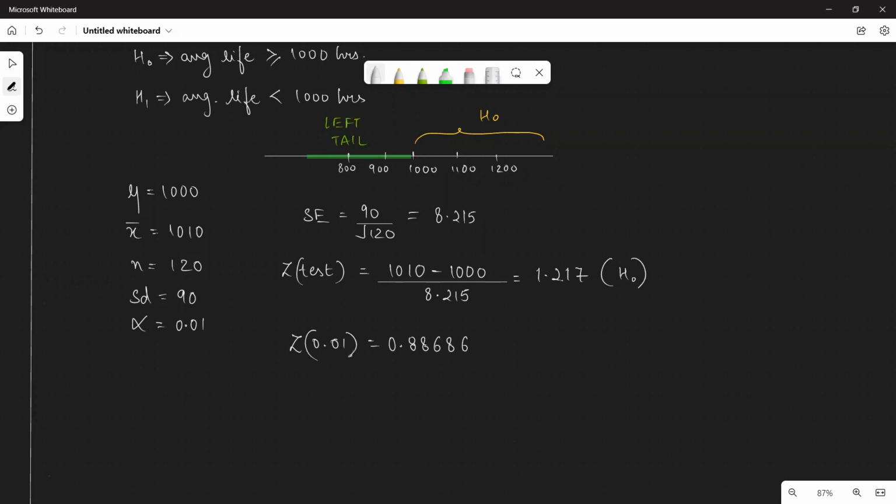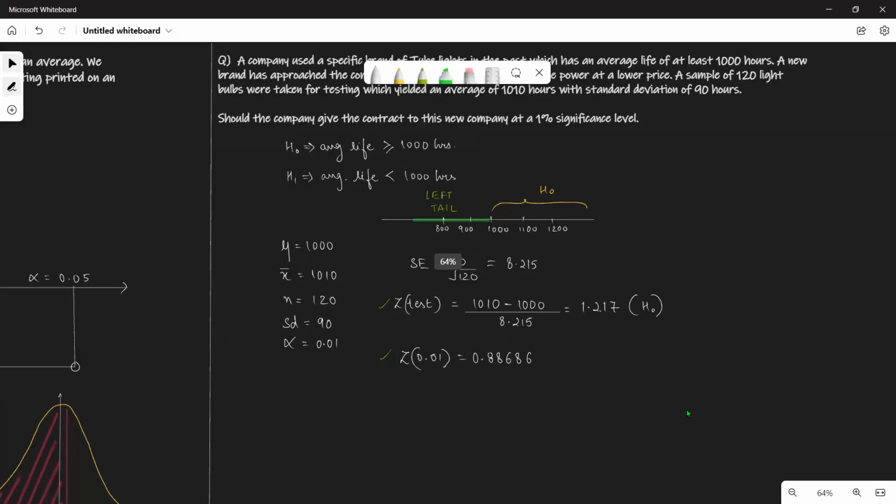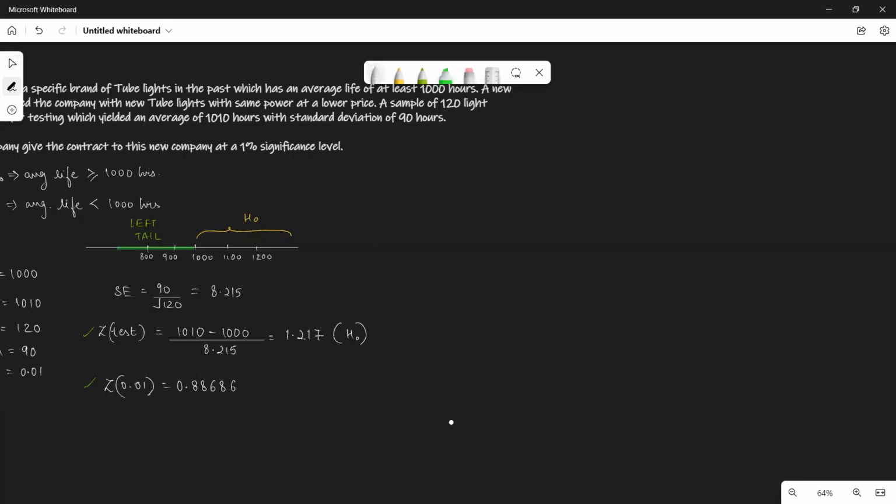Right, so this is what we have, and now these two values are supposed to be utilized. When I say 0.88686, that means from here onwards, the rejection region shall start. So if I draw that diagram, this is your bell-shaped curve, something like this.